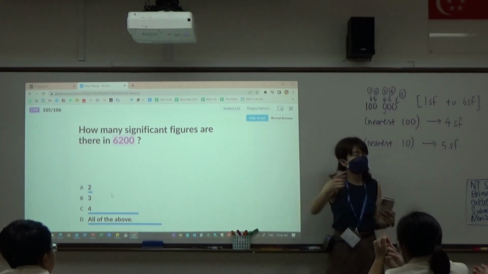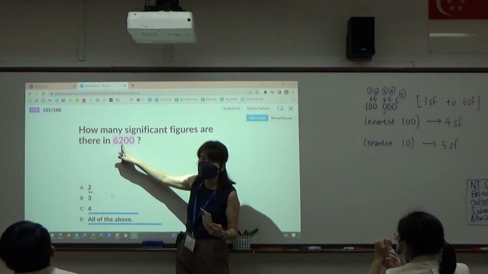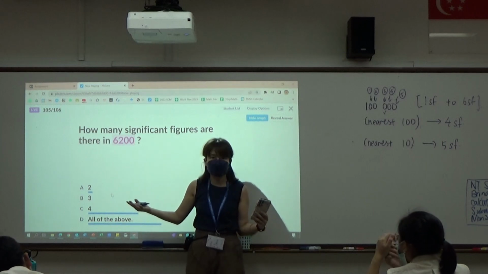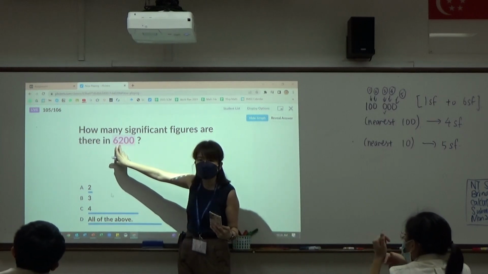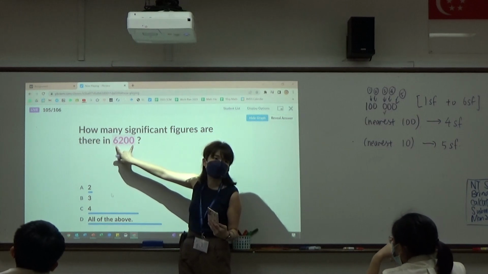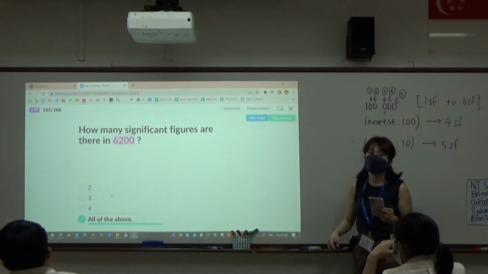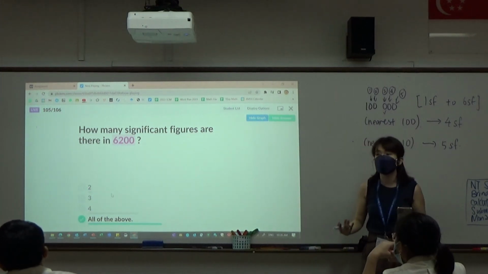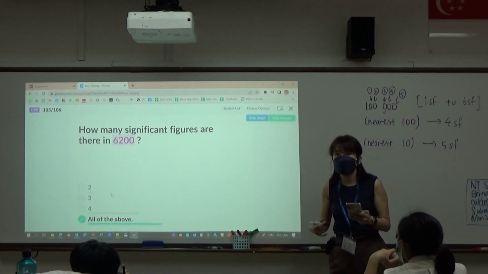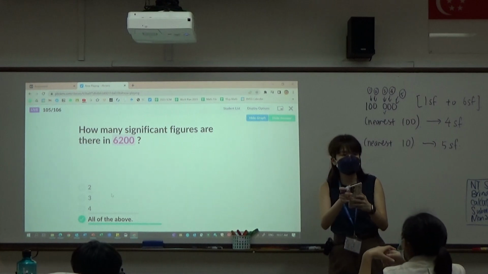So in this case, for this number, I have 6 and 2, and 2 must count. The 0s depend on the question. So it can be either 2 significant figures, 3, or even 4. So the answer is actually D, all of the above, because those are the possibilities. This question didn't specify it. Alright, questions? Are we clearer about this now?